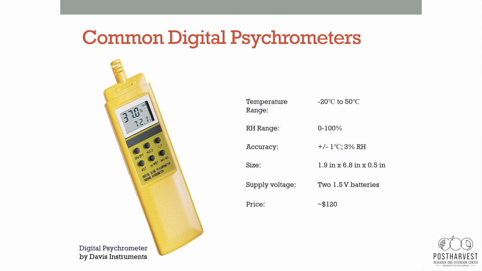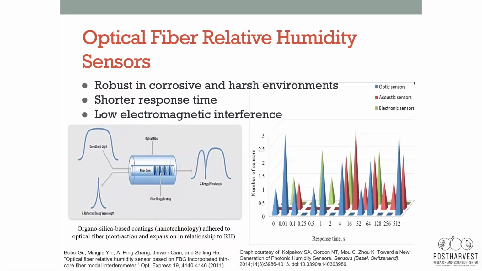And something that is relatively new, which I think has a big potential, is optical fiber relative humidity sensors. Differently from the typical relative humidity sensors, which deal with capacitance or resistance, changes in voltage or current, these sensors have been developed with new nanotechnology particles.